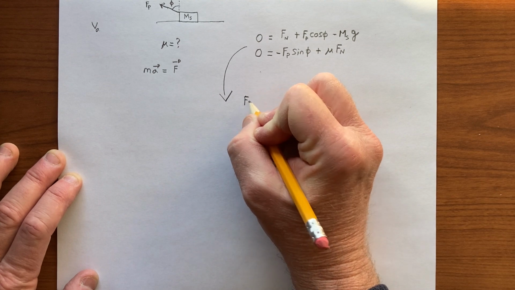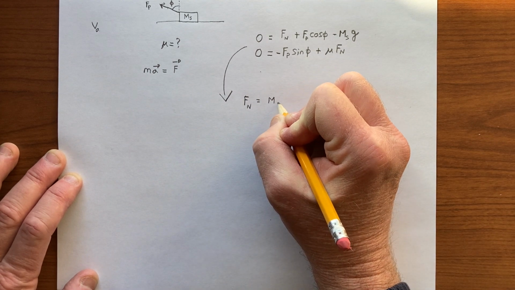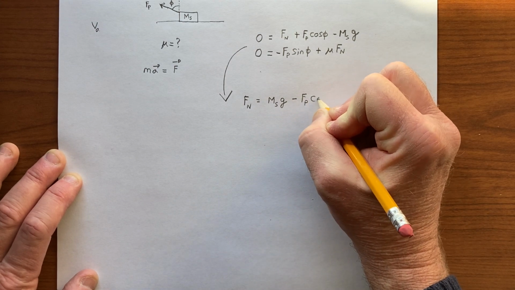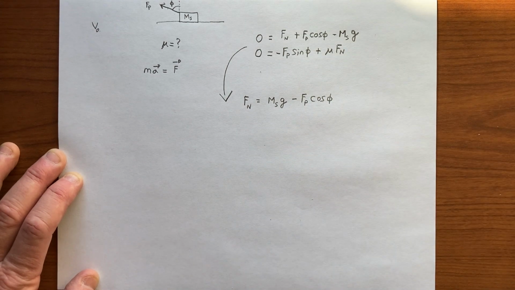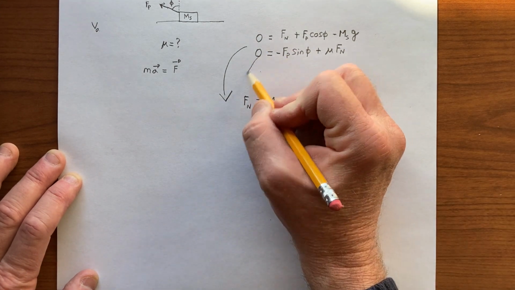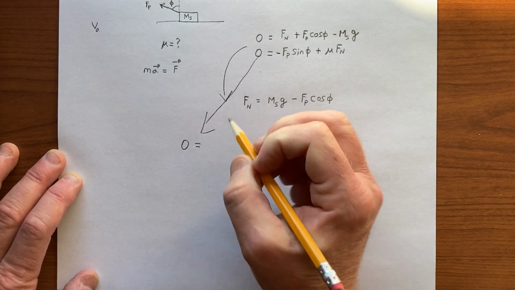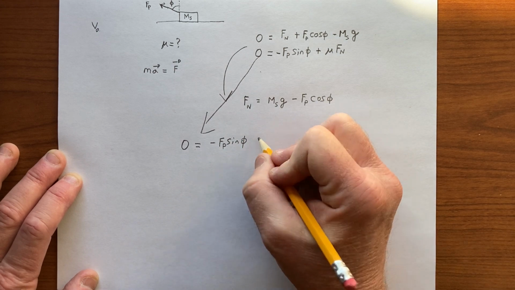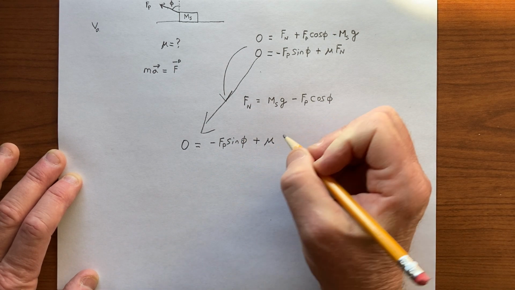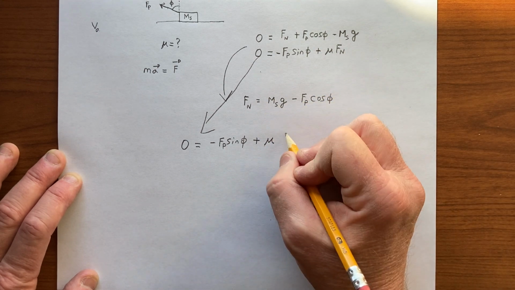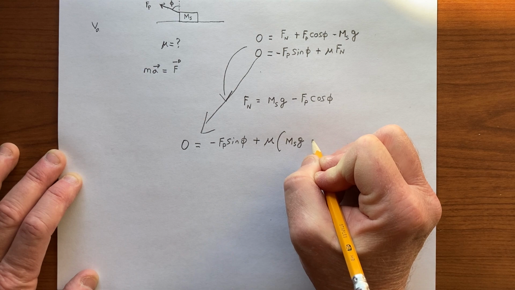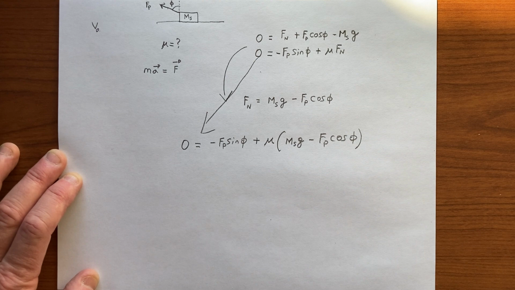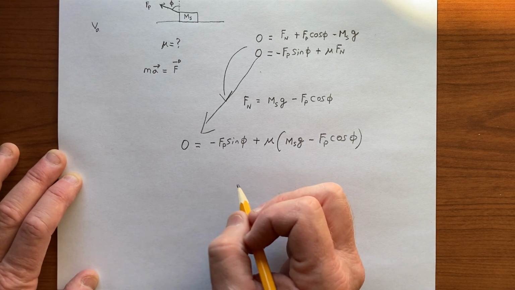So from the first equation, we will get Fn. So Fn is equal to ms g minus the vertical part of the Fp force. And in this equation now, we can say 0 equals minus Fp sine of phi plus the unknown mu times the Fn, which is this, ms g minus Fp cosine of phi, and we'll solve for mu.